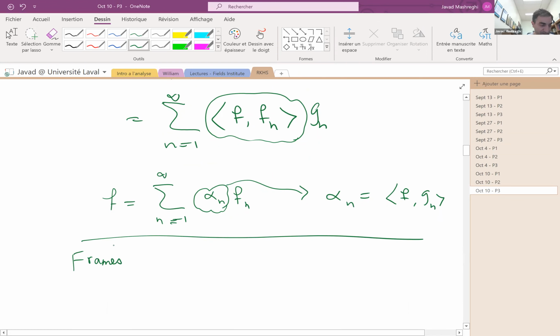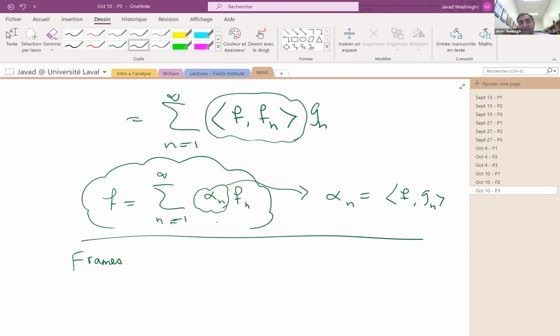Frames is another step for generalization. The goal for frames is to have a representation like this, but not necessarily a unique representation. f might have even infinitely many representations in terms of Fn.